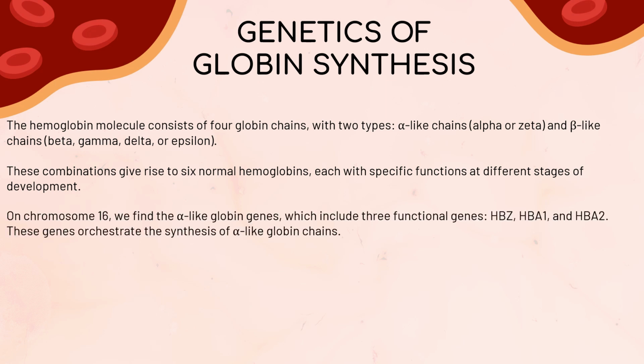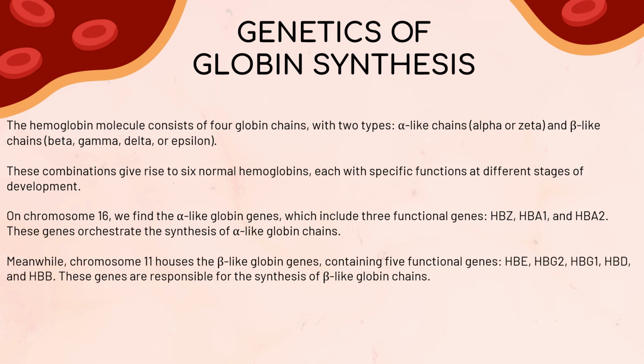On chromosome 16, we find the alpha-like globin genes, which include 3 functional genes, HBZ, HBA1, and HBA2. These genes orchestrate the synthesis of alpha-like globin chains. Meanwhile, chromosome 11 houses the beta-like globin genes, containing 5 functional genes, HBE, HBG2, HBG1, HBD, and HBB. These genes are responsible for the synthesis of beta-like globin chains.